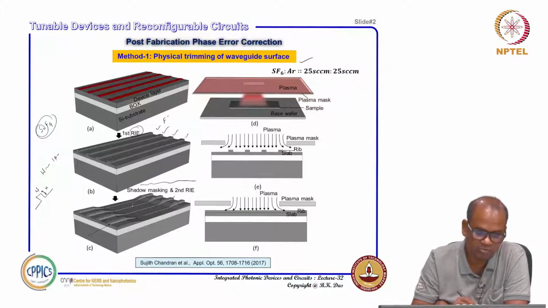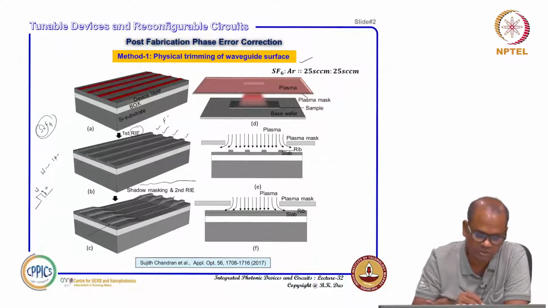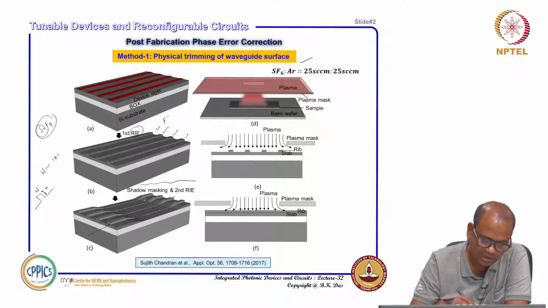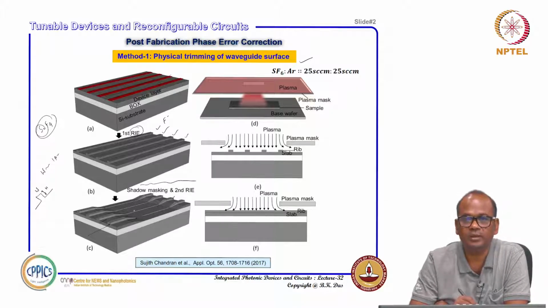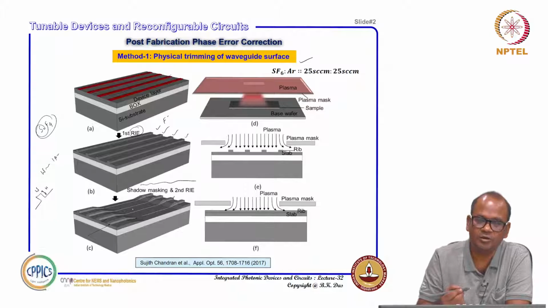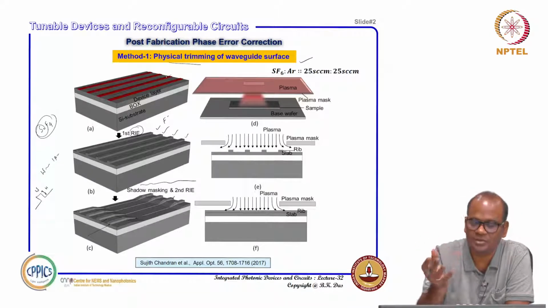Wherever necessary you want to trim a particular region, you can use shadow masking. I will explain how it works in the next column. Shadow masking allows you to chemically etch the surface of the waveguide. That is why it is called physical trimming. You are trimming the waveguide dimensions so that you can control the refractive index.